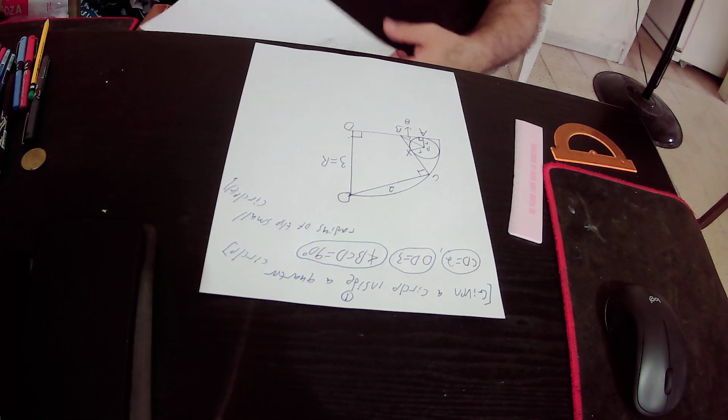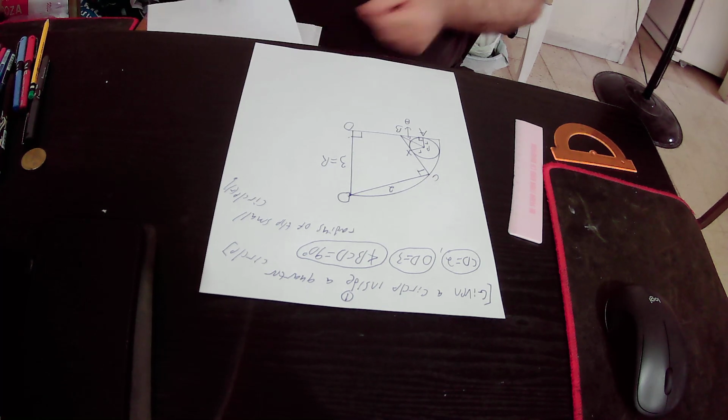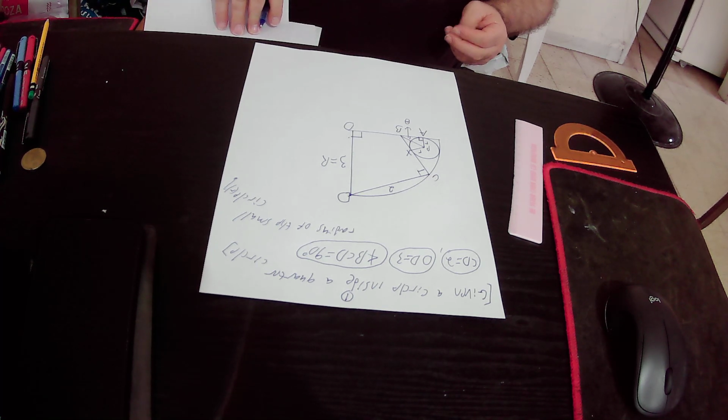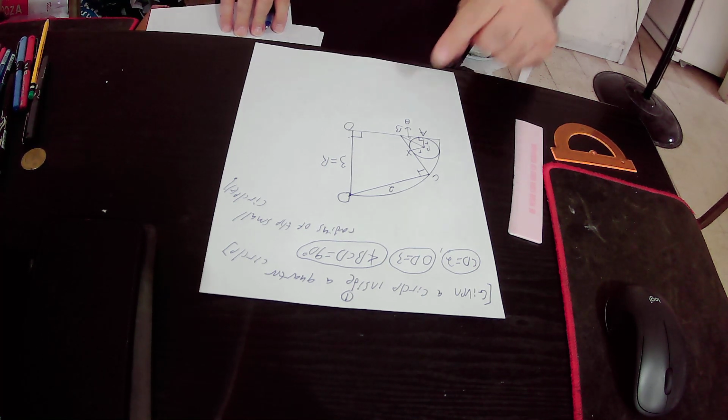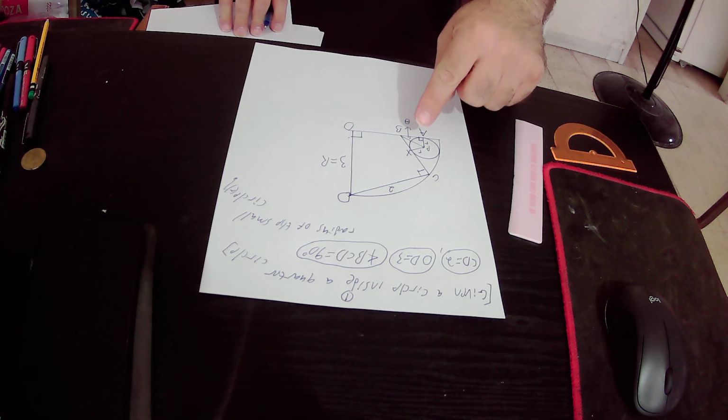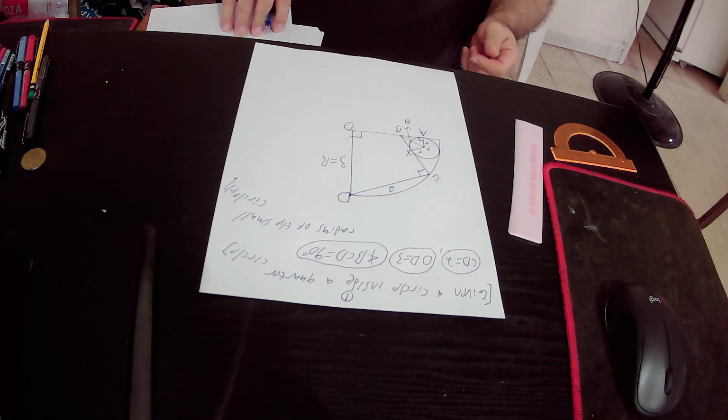Actually, when you prove that one triangle has three sides that are congruent to another triangle, then those two triangles are congruent to each other according to the side rule.